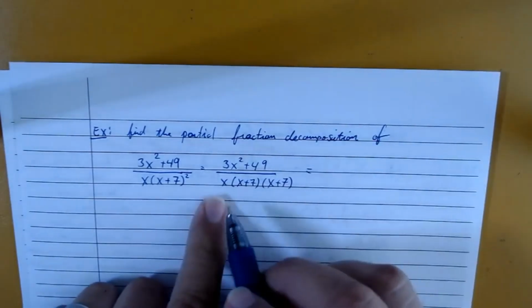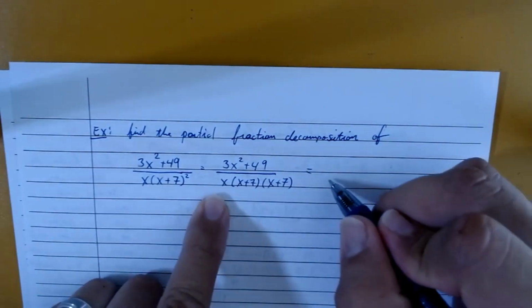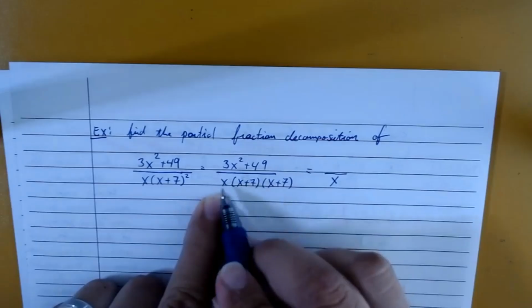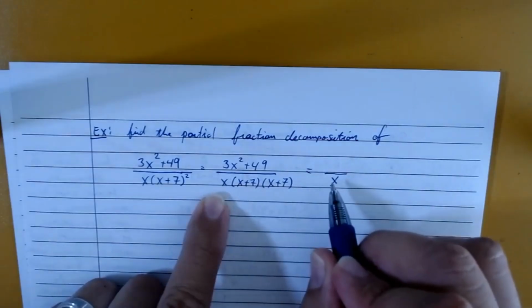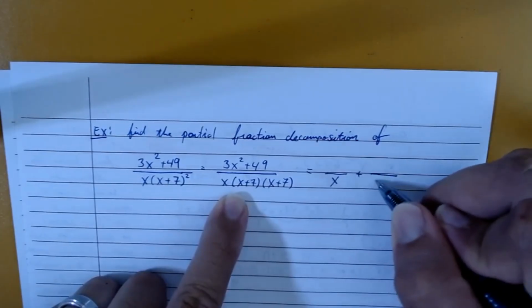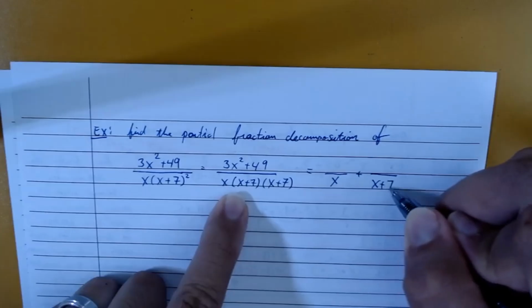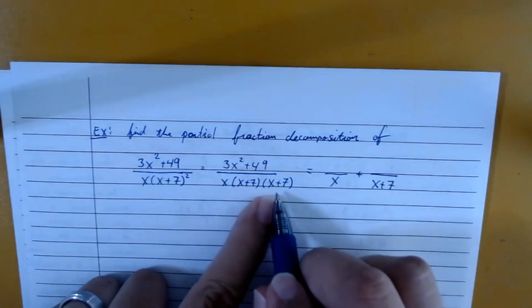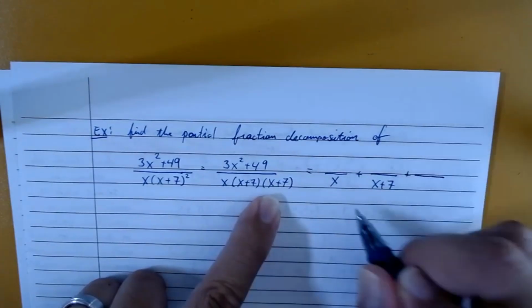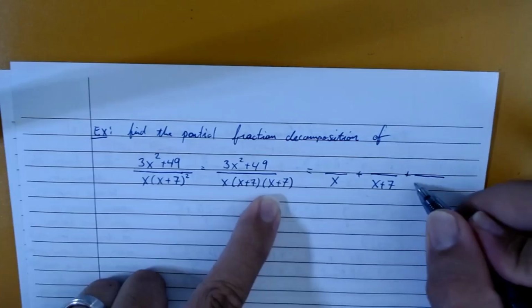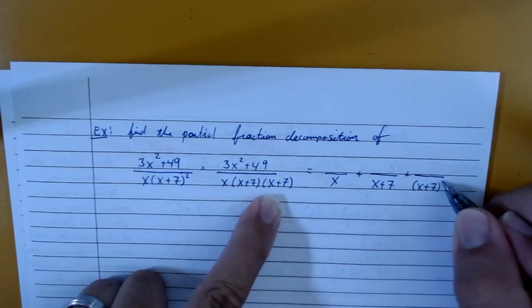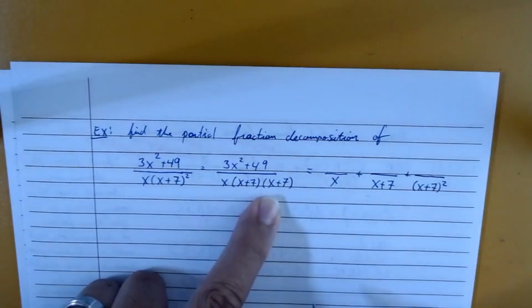Whenever you have distinct linear factors, the first factor gets a chance to be a denominator, and then the next factor gets a chance to be the denominator of its own rational expression. Oh, but now this one repeats. Well, we know that when something repeats, you write it once, and then in the next one, you have the denominator with the same factor with a higher power, like that.